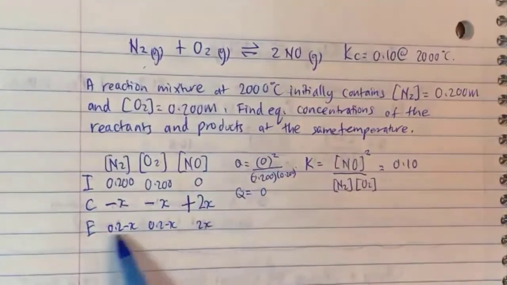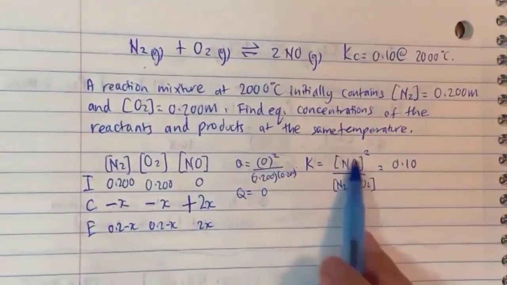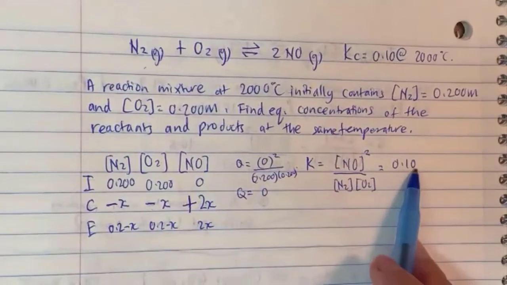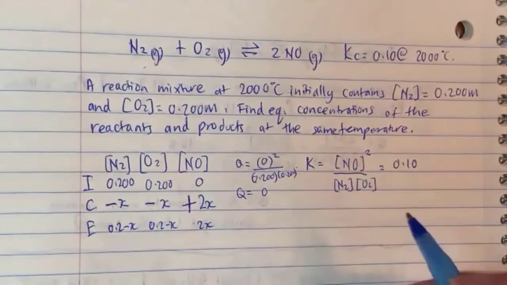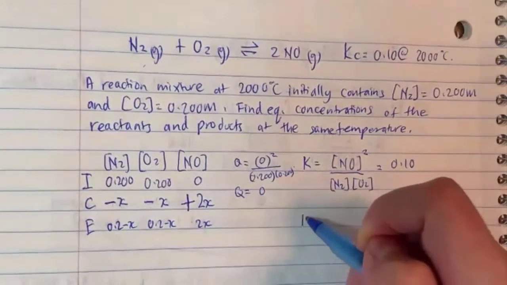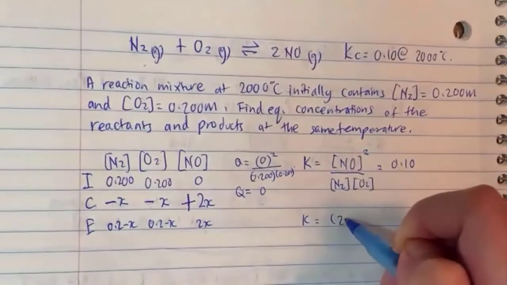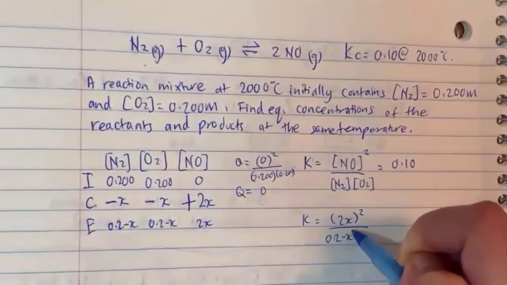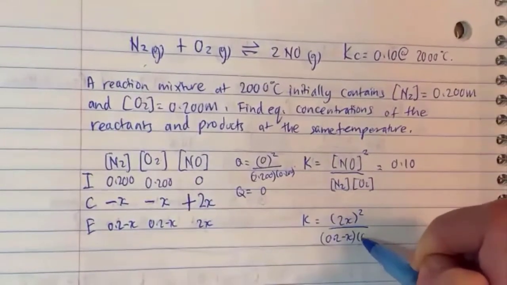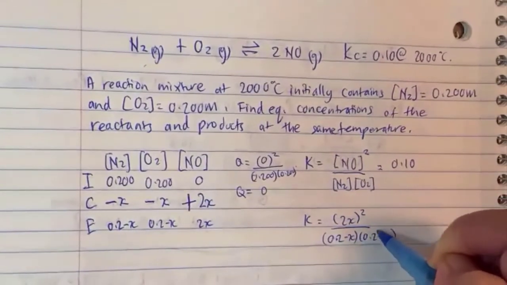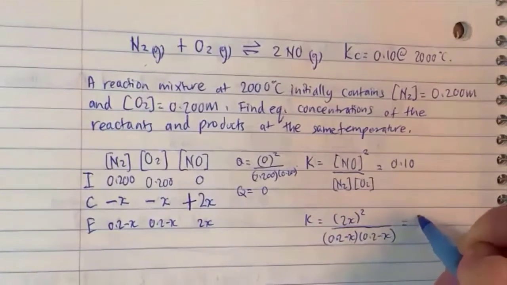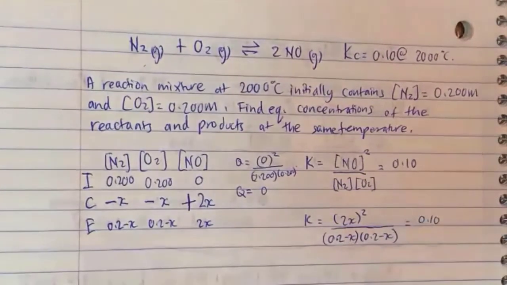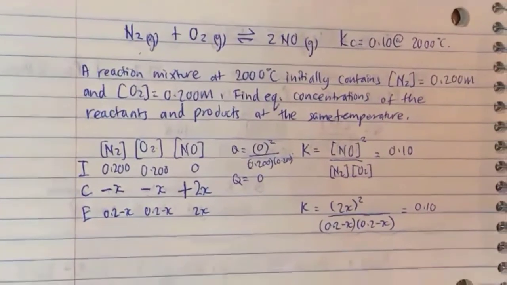I'm going to plug these x terms into this K formula and try to solve for x, okay? So basically K equals 2x squared over 0.2 minus x, 0.2 minus x, and that equals 0.1.